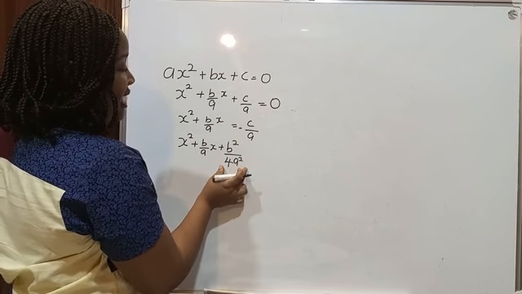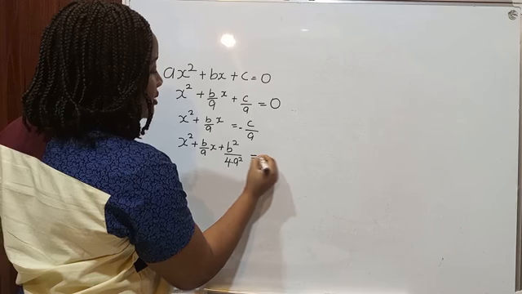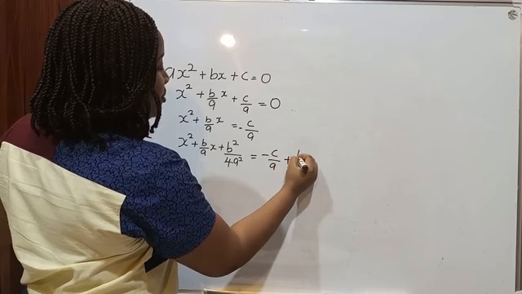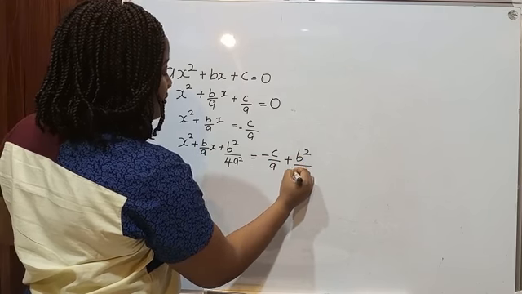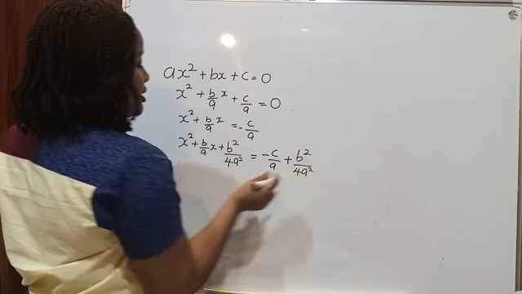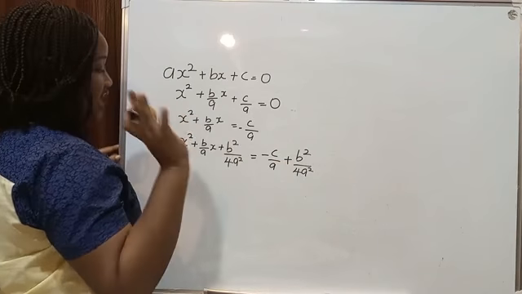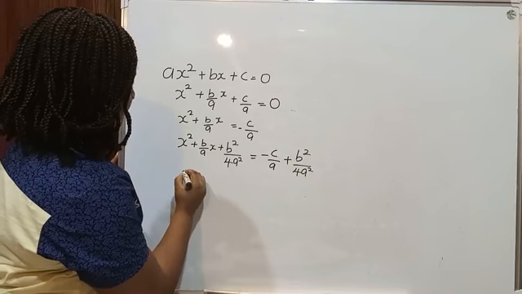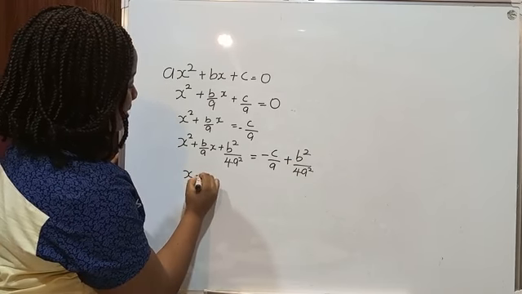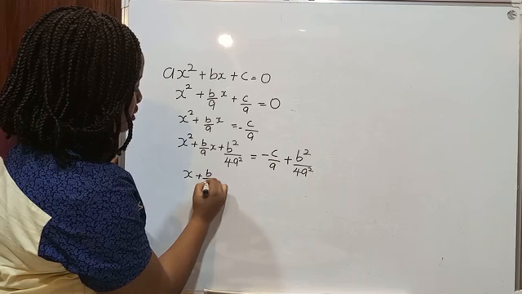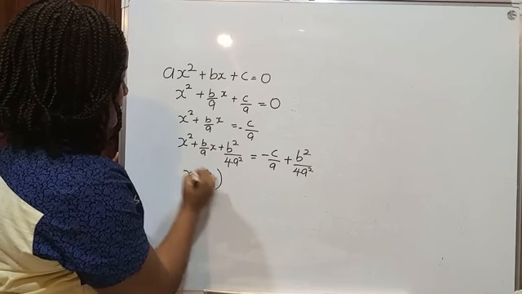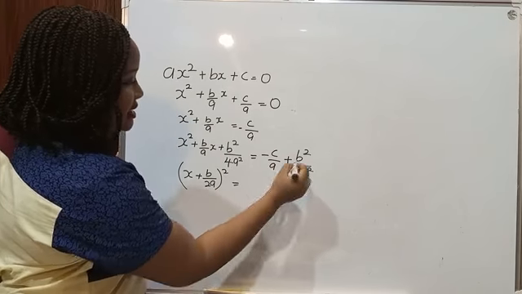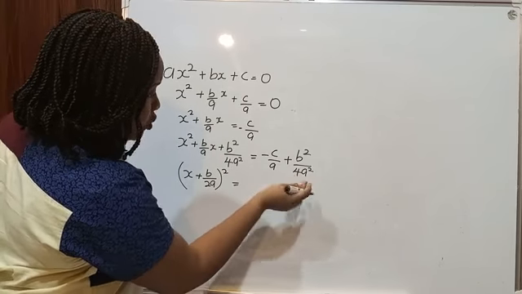And as you've added this here, you have to add it to the other side, equals minus c over a plus b squared over 4a squared. So no side feels cheated. Now we have to factorize this. You have x plus b over 2a squared, and this here will give us, we'll try to add it.